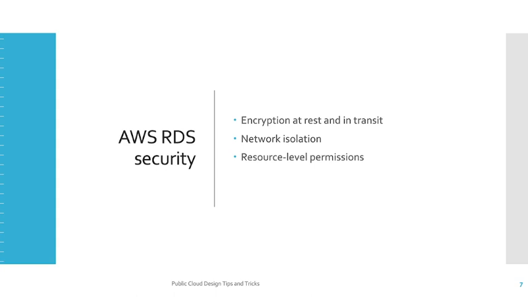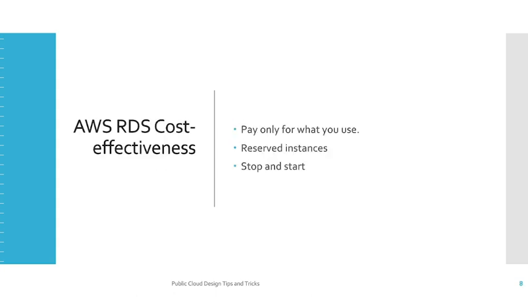With resource level permission, you can enable AWS Identity and Access Management, with which you can control who can access your RDS database, and what different roles or permissions can be attached to these users, so that they can execute the respective actions. That's how resource level permission helps you out.